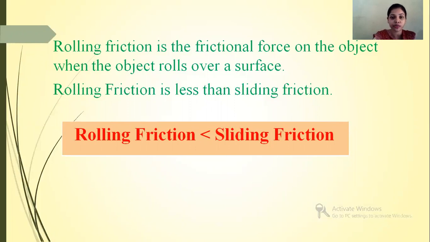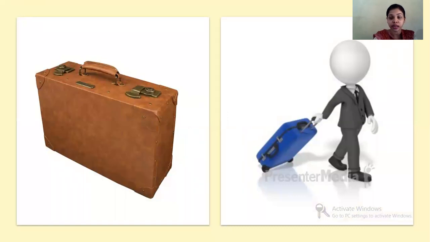In our previous case, we saw that it is difficult to move bags which don't have wheels, but it is easy to move bags which have wheels, because they easily roll on the surface, whereas the other slides.